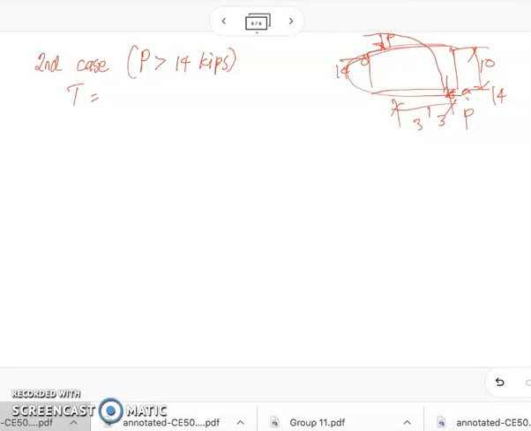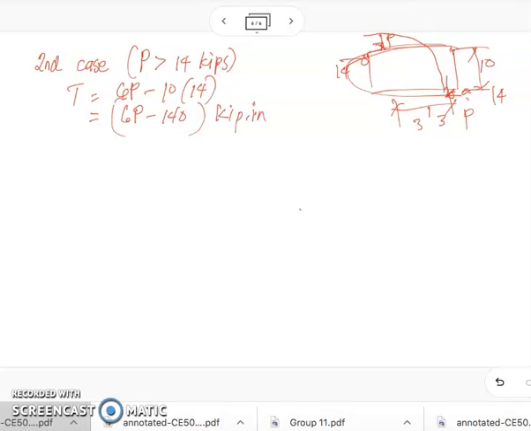So this is now equivalent to 6P minus 10 times 14, which gives us 6P minus 140. Of course, this is kip-inch.